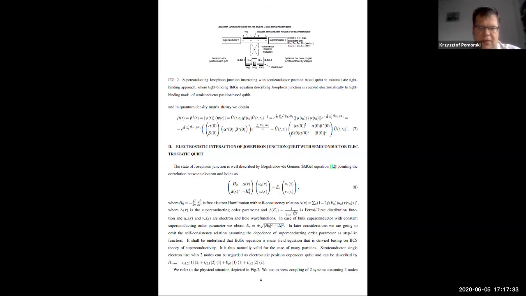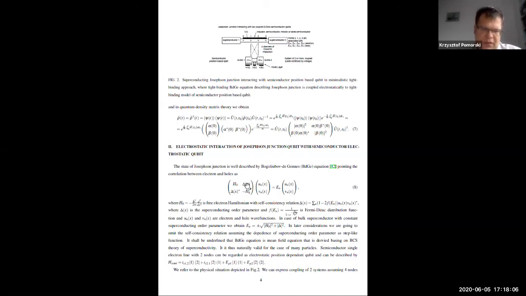In such a case, this will basically lead you to the Bogoliubov-de Gennes equations, and in these equations you have a wave function of electron and hole, u_n and v_n, and basically these wave functions are interconnected by the so-called superconducting order parameter.